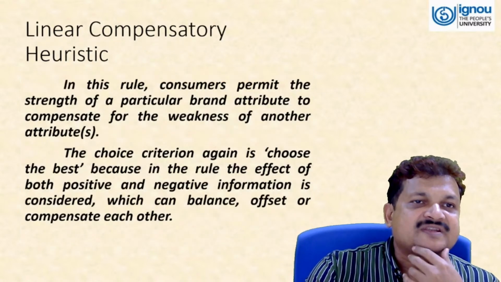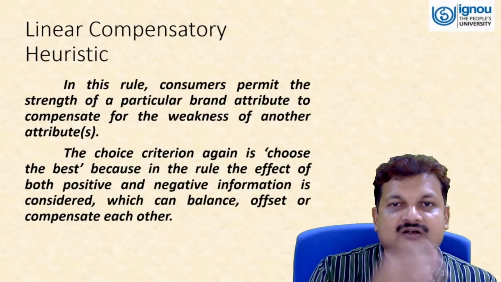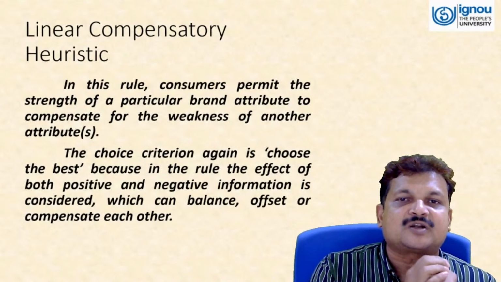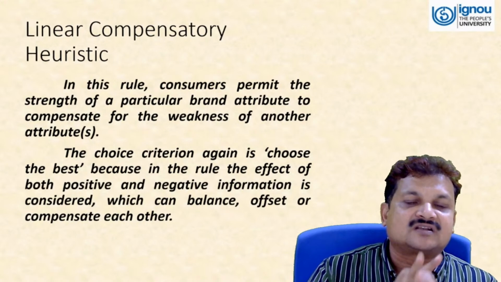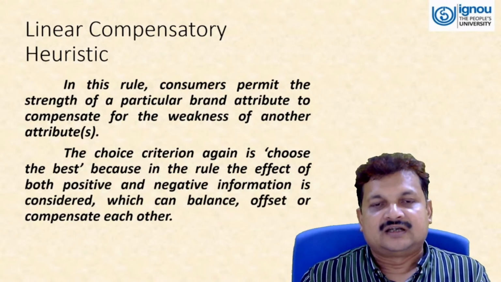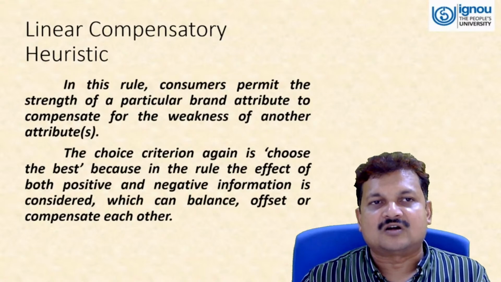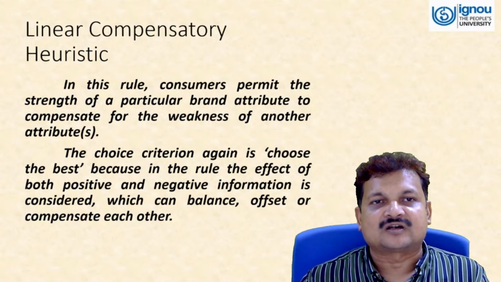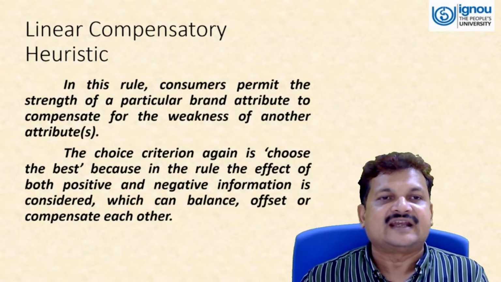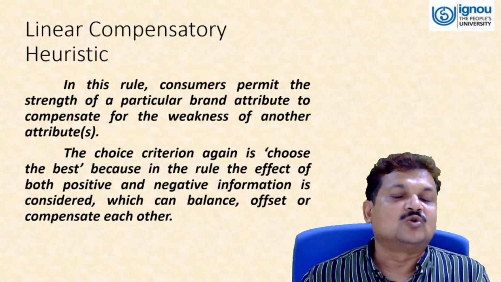In linear compensatory heuristics, consumers permit the strength of a particular brand attribute to compensate for the weakness of another attribute. Like I can say that if the cell phone look is not good, but the camera is good, the processor speed is good and the clarity is good, then I can neglect the look.